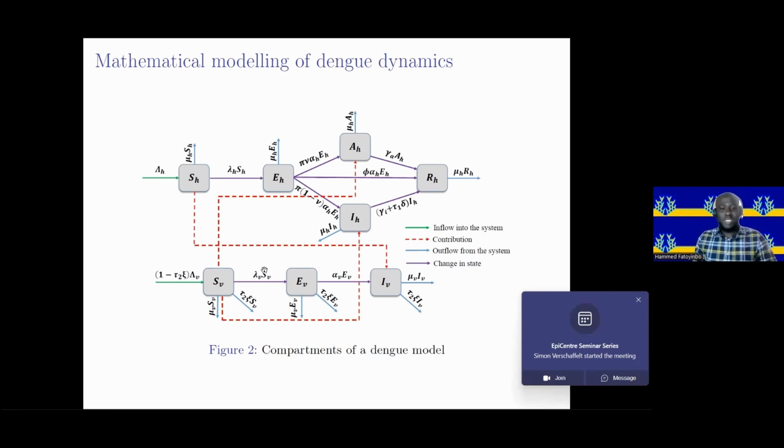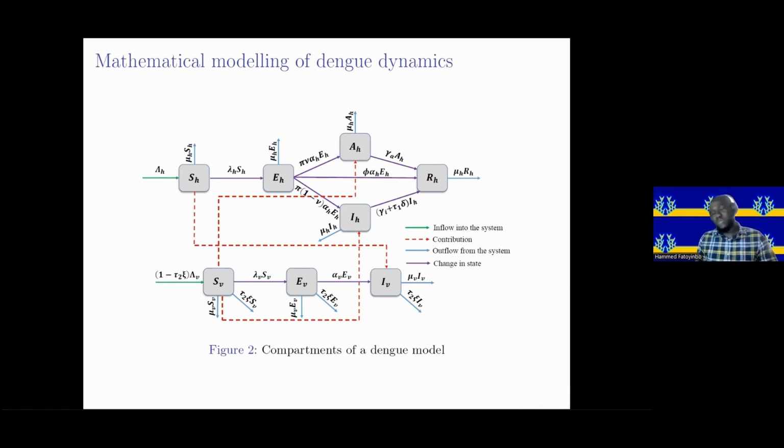For the mosquito population, we have the susceptible mosquito, the exposed mosquito, which is EV, and IV, which is the infected mosquito. In this compartment diagram, the dashed red line corresponds to the interaction between the human and mosquito populations, which leads to the spread of the disease.